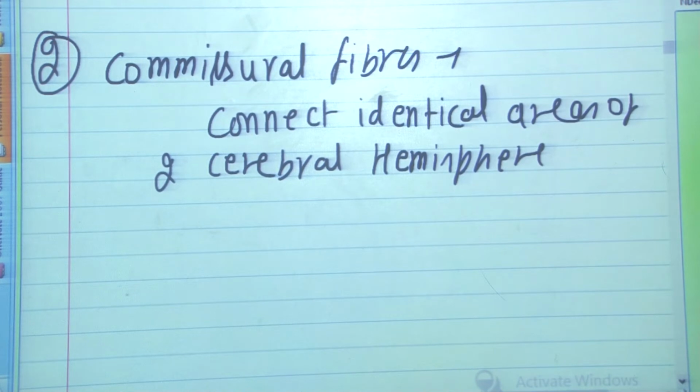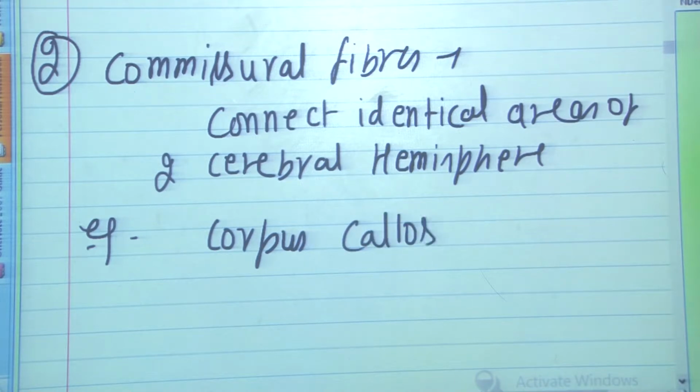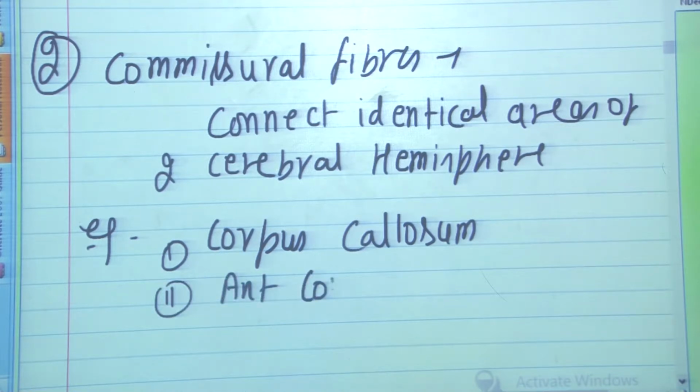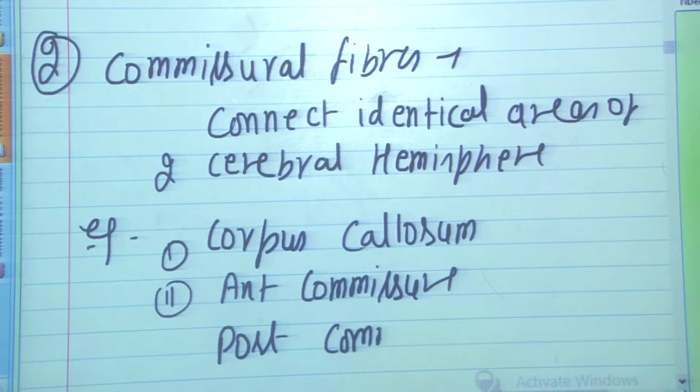Examples of commissural fibers: corpus callosum, anterior commissure, posterior commissure, habenular commissure.